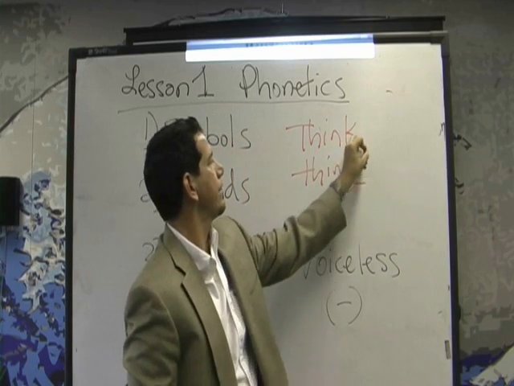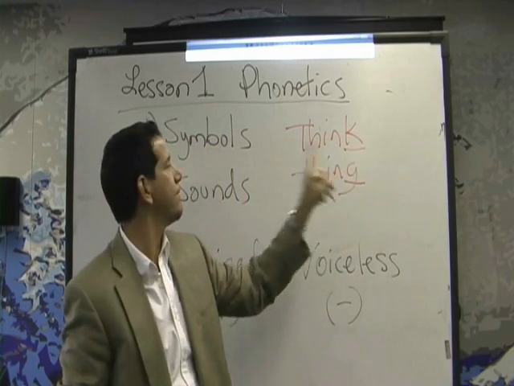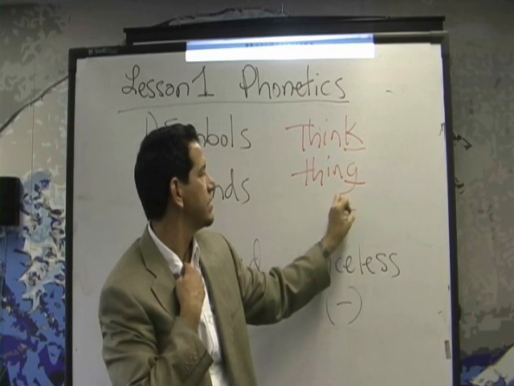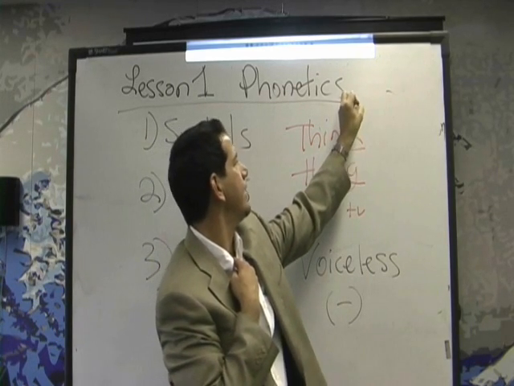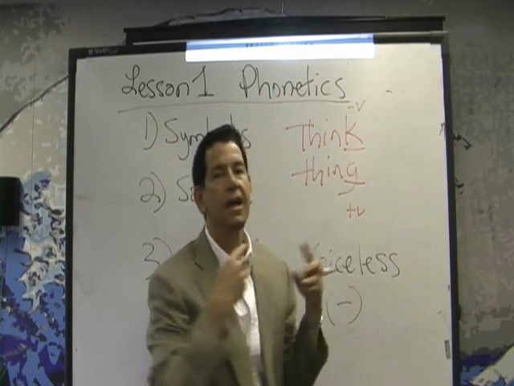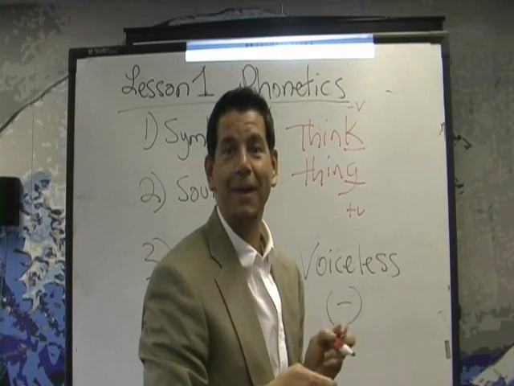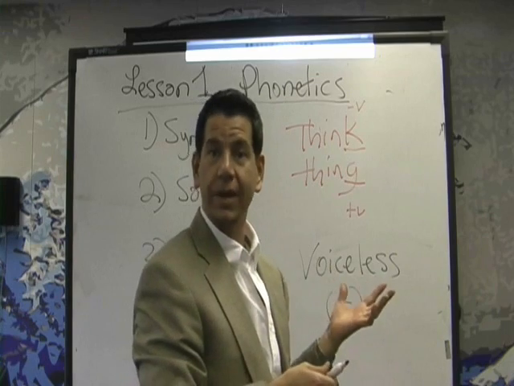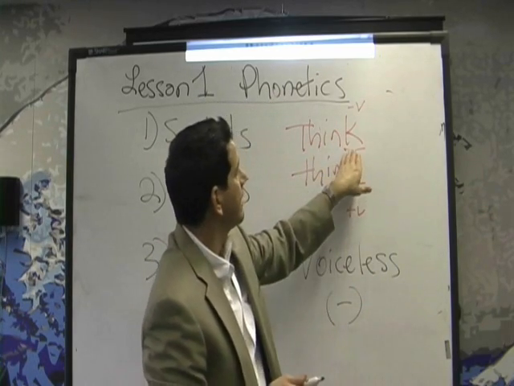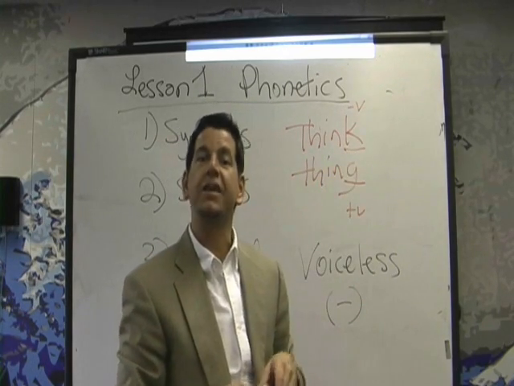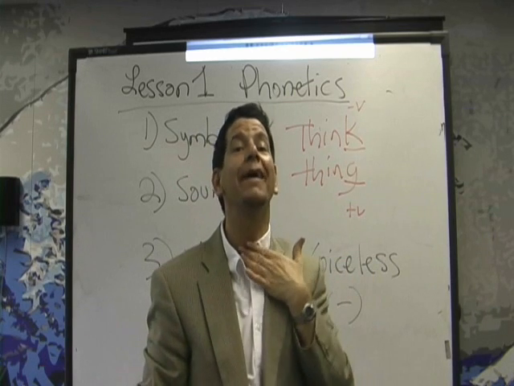Okay? Here we have the final position ga, which is voiced, and the ka, which is voiceless. They have the same manner of articulation. And we can talk about manners of articulation later if we have time. But they have the same manner of articulation. If you can make ka, you can make ga.